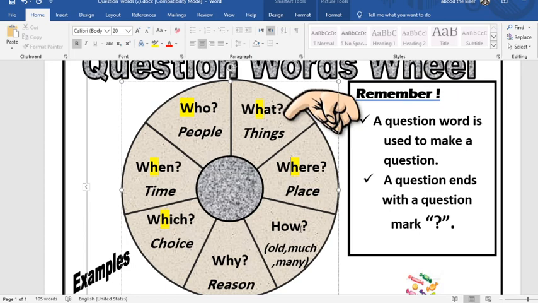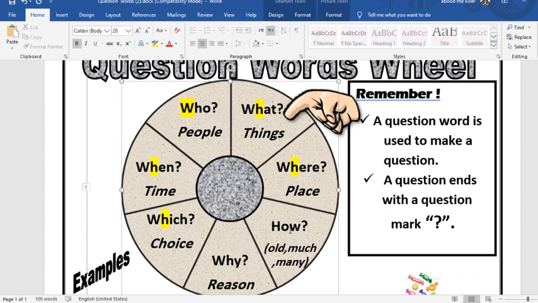Next, let's move to how. How, if I use it alone, like how do you come to school? This is asking about the manner or the way that you came to school. Like I came by bus, I came by car. But when I ask, how did he walk?